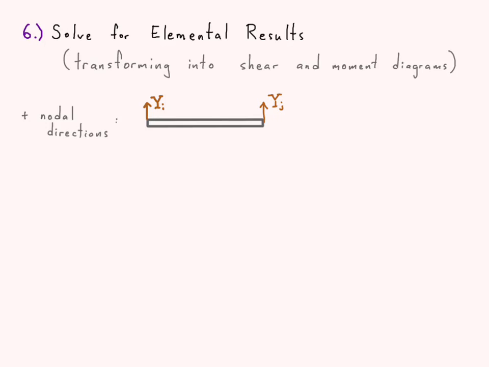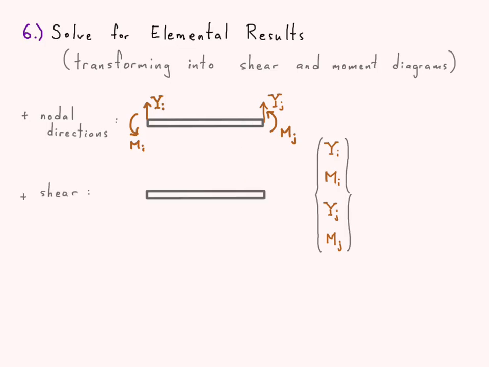Going upwards would be positive for our transverse forces, and going counterclockwise would be positive for our moments. So we're just going to go ahead and write those values in the vector. This vector here is the same thing that we solved for in the previous slides for element 1 and element 2, and that just corresponds to these values that we have written here.